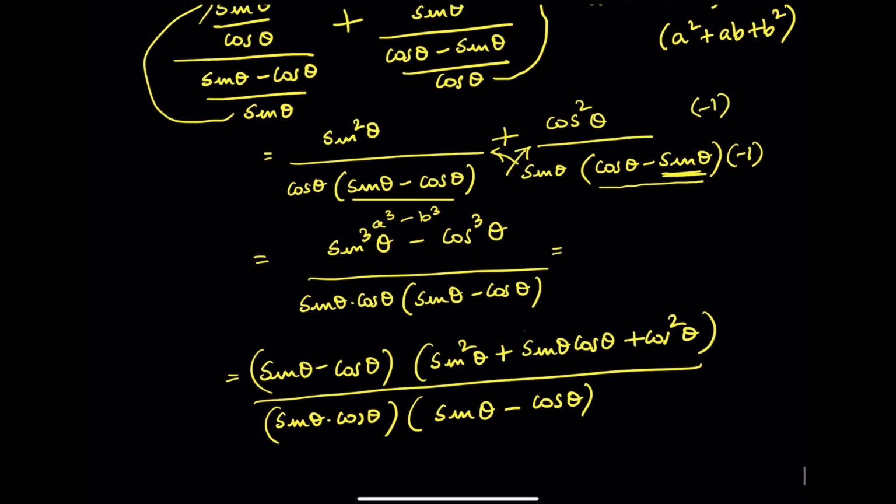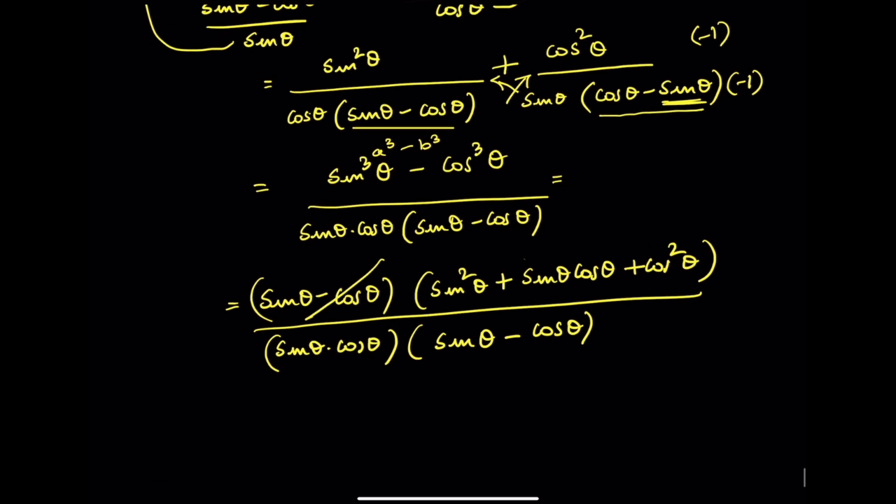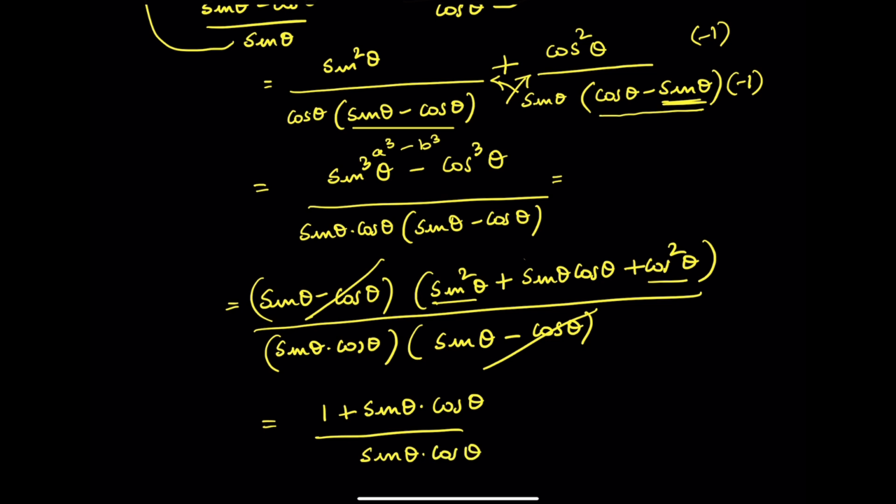Now we see sine theta minus cos theta common between numerator and denominator. That we can cancel. Then we also observe that sine square theta plus cos square theta is 1. So we will have 1 plus sine theta cos theta divided by sine theta cos theta.